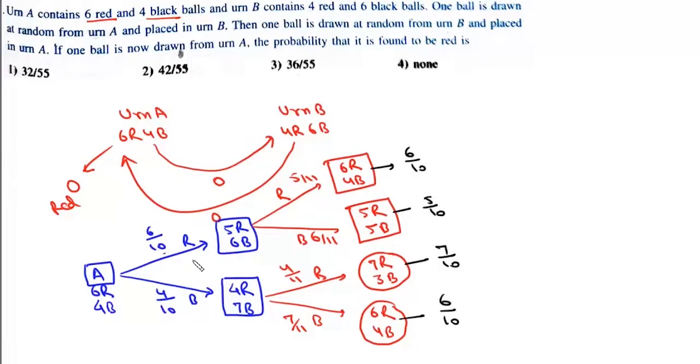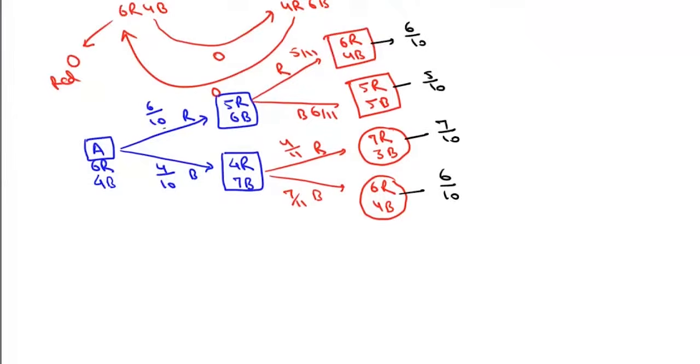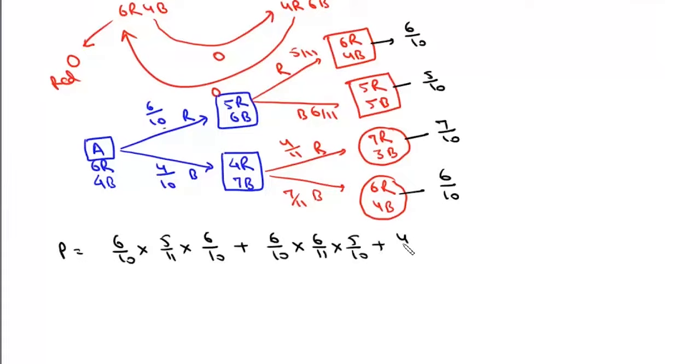So this required probability is the sum of the product of all these cases, which is 6 by 10 into 5 by 11 into 6 by 10 plus 6 by 10 into 6 by 11 into 5 by 10 plus 4 by 10 into 4 by 11 into 7 by 10 plus 4 by 10 into 7 by 11 into 6 by 10.